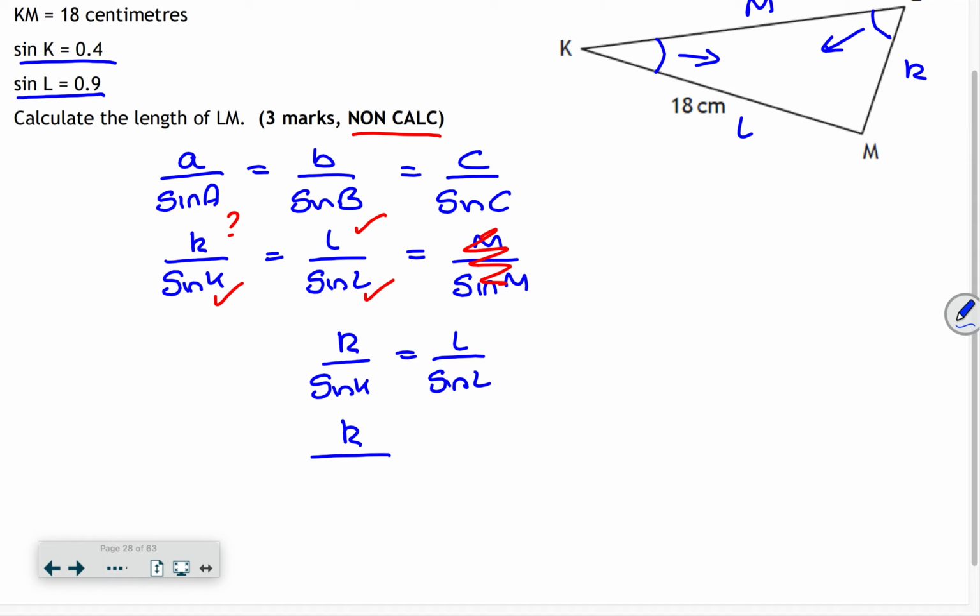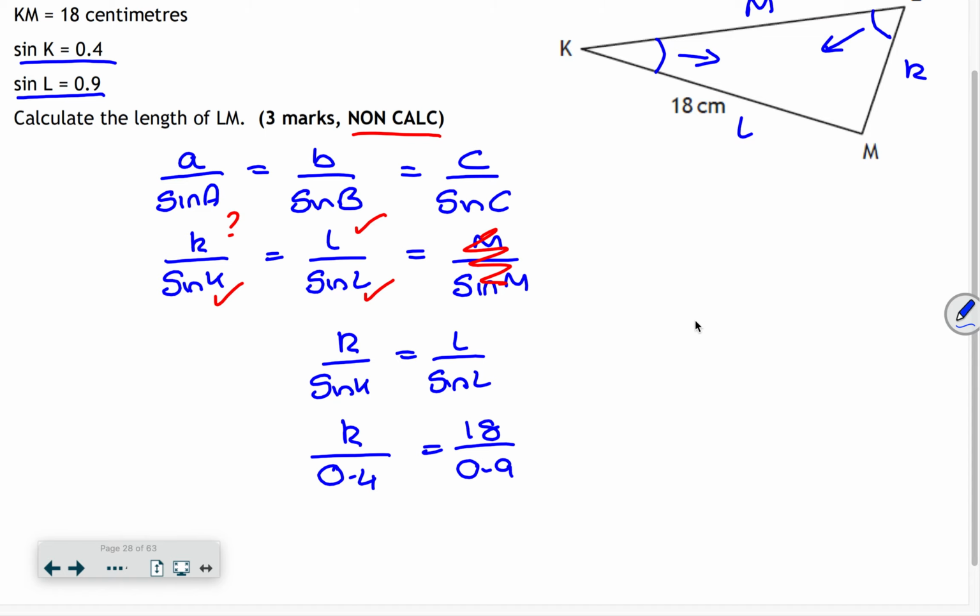It's K over sine K, and you're told what sine K is, so don't ever think that in a non-calculator paper you would ever be asked to work out the sine or the cosine or the tan of an angle without a calculator. It's not the 1980s. So it's going to be K over 0.4 is equal to L, which is 18, over 0.9.